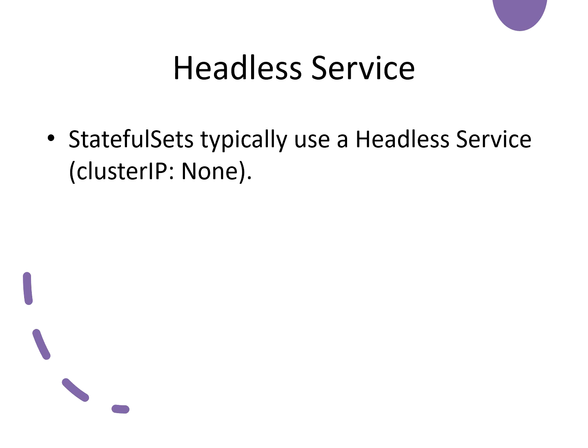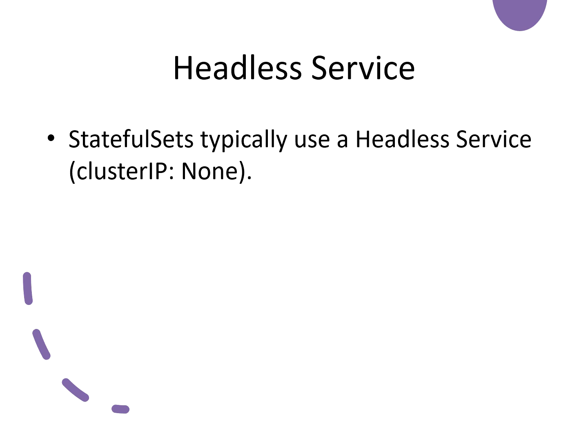Headless service. Now there is something that confuses many Kubernetes beginners, especially me in the beginning. What is a headless service? Stateful sets typically use a headless service, which is created using clusterIP: None.